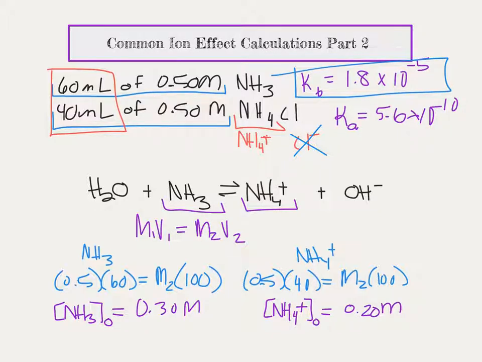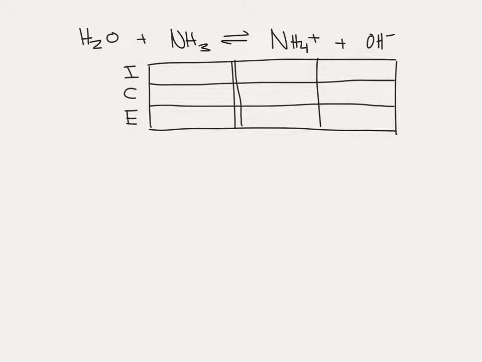Okay, now we're good to start an ice table. Okay, so let's start filling in our table. We started with 0.30 molarity for the ammonia and 0.20 molarity for the ammonium ion, and then we're going to assume we start with no hydroxide.